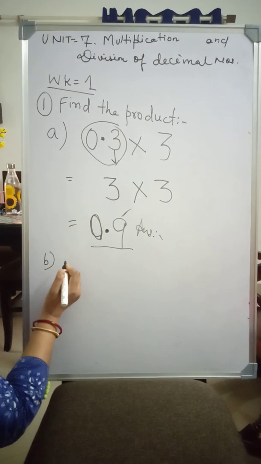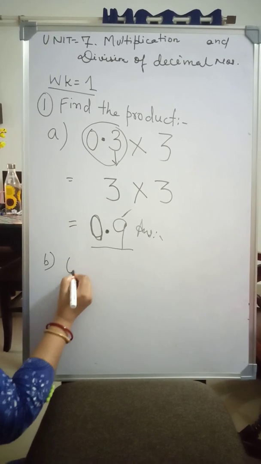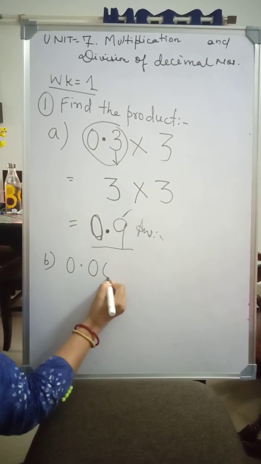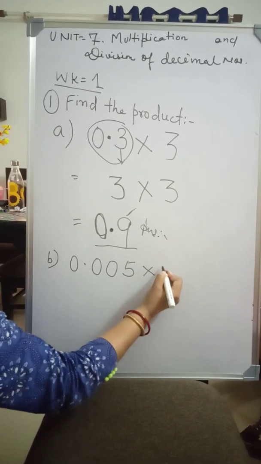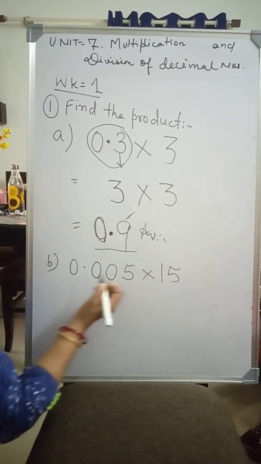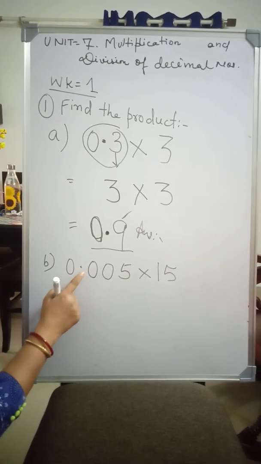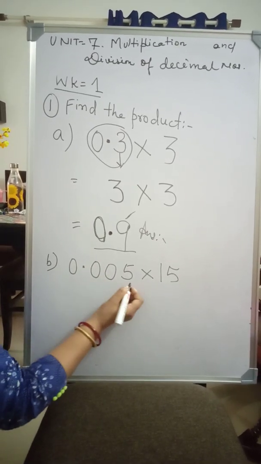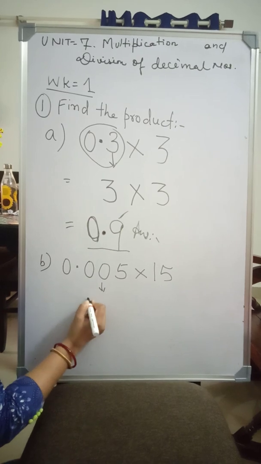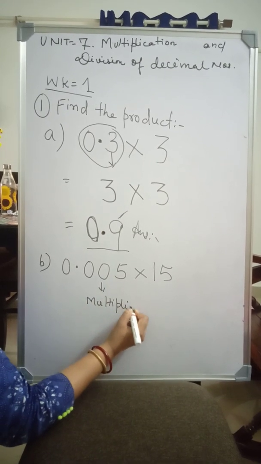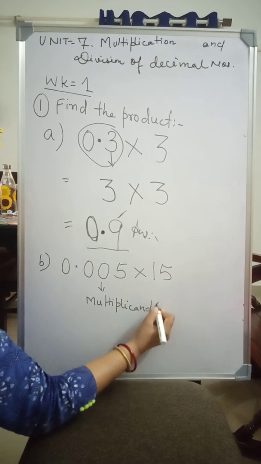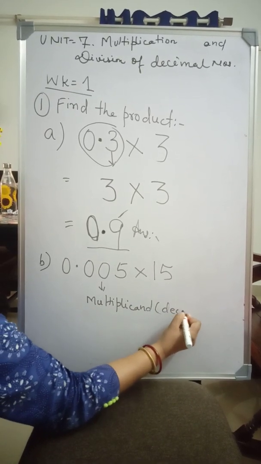Example B is 0.005 multiplied by 15. So here 0.005 is the multiplicand, and it is a decimal number.